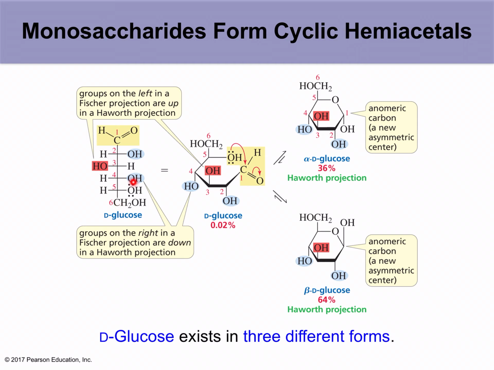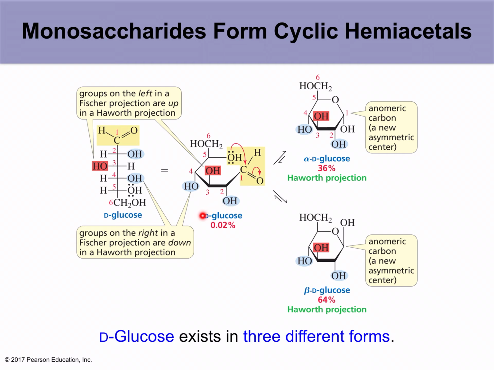Going from the Fischer projection to the Haworth projection, we need to pay attention to our alcohol groups. There is a way to represent whether the alcohol groups on the Fischer projection were on the left side or the right side. Whichever hydroxyl groups are on the right side, the blue hydroxyl groups, will end up facing downwards, like this.